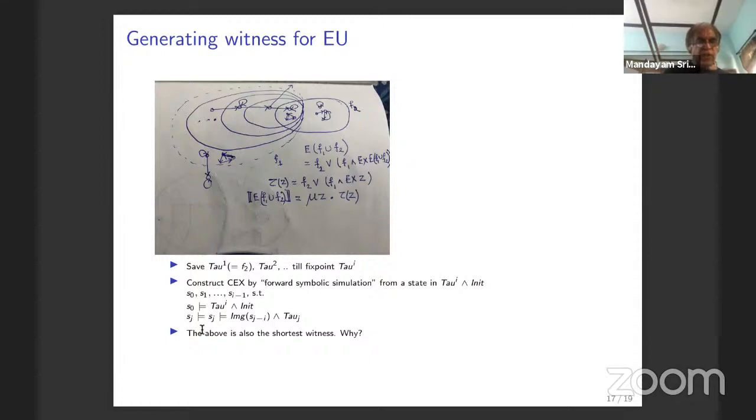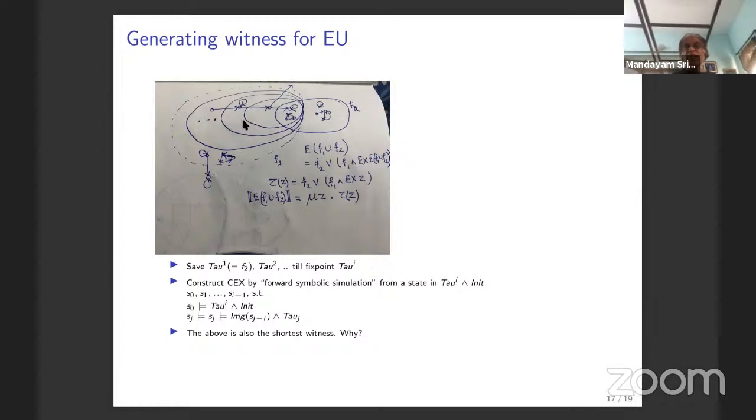There is an extra "Sj models" here; there should only be one, so remove this. Every Sj should be in the image of the previous state Sj minus 1, and should also be in the corresponding tau, to ensure that it indeed eventually leads to F2. This is what you'll have to do.